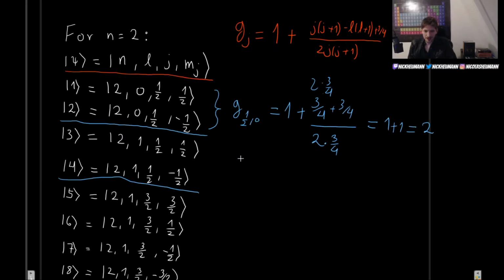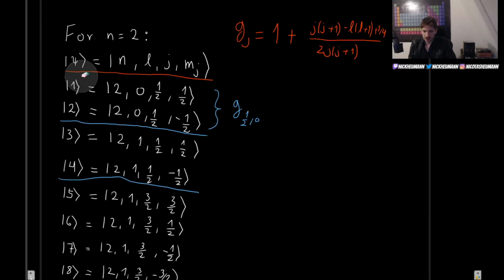All right, next case, I'm gonna get rid of this and just leave the final result. So this is equal to 2. Let's use a different color. So now we have g, the g factor for J equals 1/2 still, but now L is going to be equal to 1. So this time we have 1 plus, and this is still 3/4.